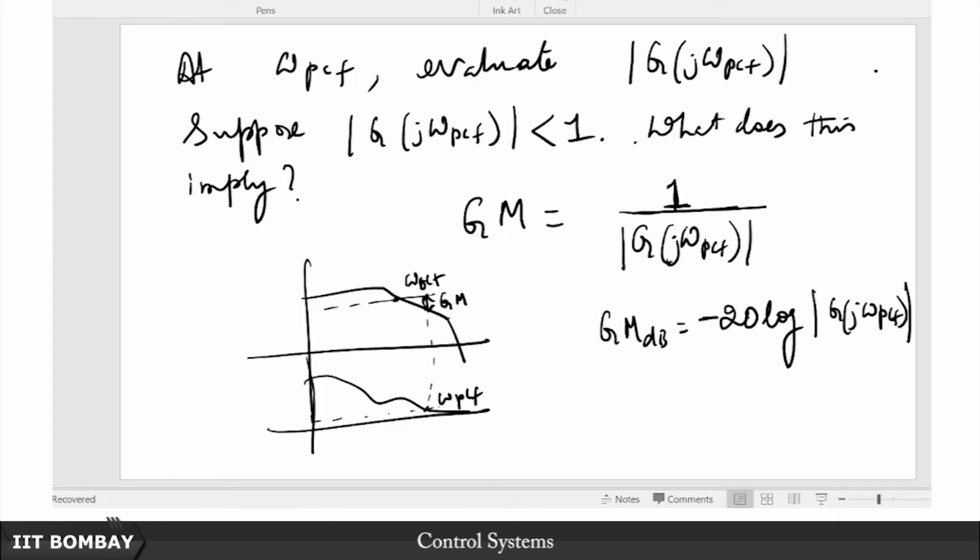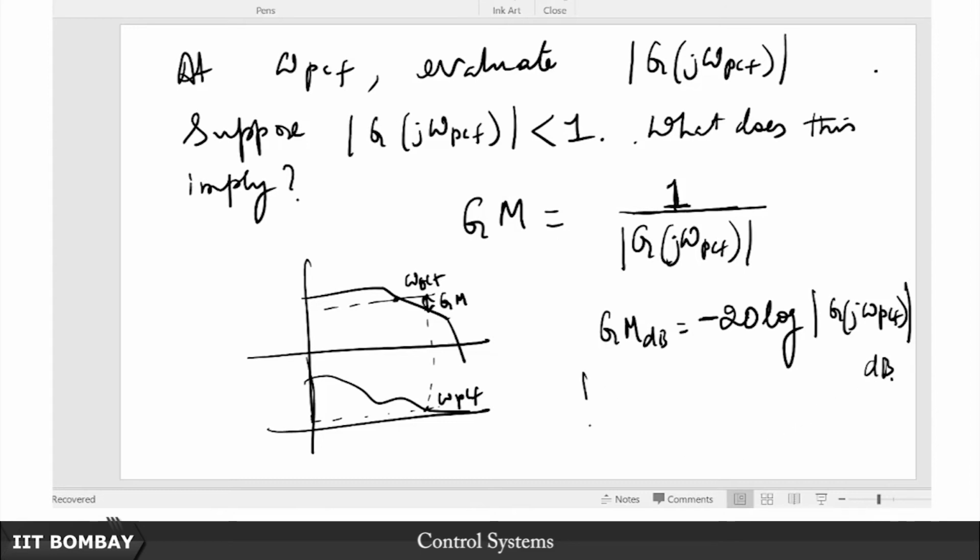Why the minus sign? Because if |G(jω_PCF)| is less than 1, then this is going to be negative, so you put a negative, because you want this quantity to be positive. This is the gain margin in the absolute sense, and this is the gain margin in the decibel scale. So that many dBs of gain margin you have.